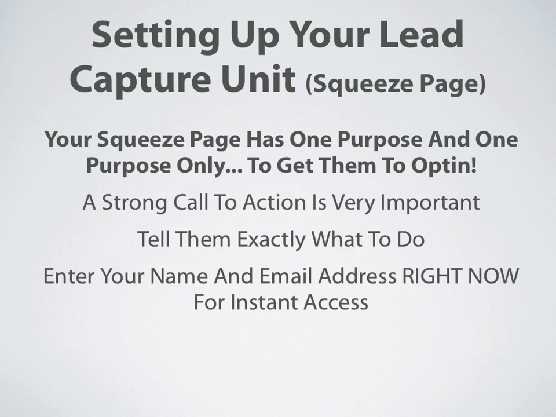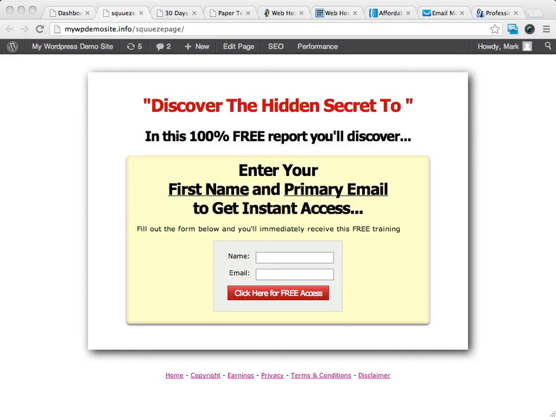Okay? So let's take a look at this squeeze page once again. What's absolutely important is we have our headline up top. Under our headline, we're either going to have maybe a subhead, maybe a paragraph, maybe a couple of bullet points, or maybe just a few words like I have right here. Up top, we're going to tell them they're going to discover the hidden secret to losing 5 pounds in only 5 days.